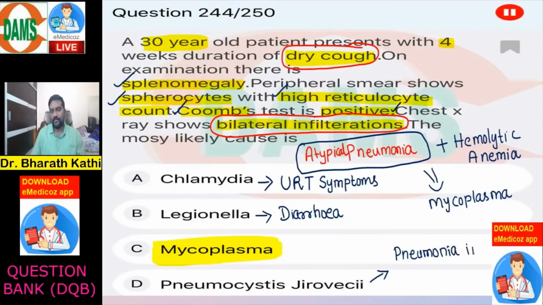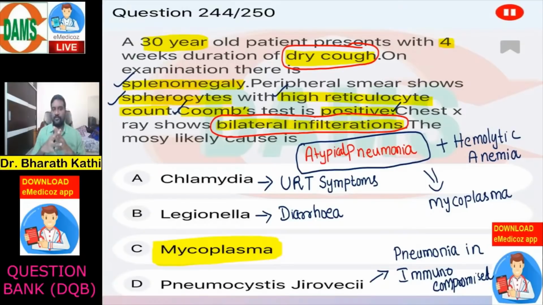Pneumocystis pneumonia usually happens in a patient who is immunocompromised. In the given question, they did not mention this patient is immunocompromised. Immunocompromised in the sense patient might be having HIV, undergoing organ transplant, or there are some primary immunodeficiency disorders, long-term chemotherapy or steroid therapy. So it is not Pneumocystis jirovecii.